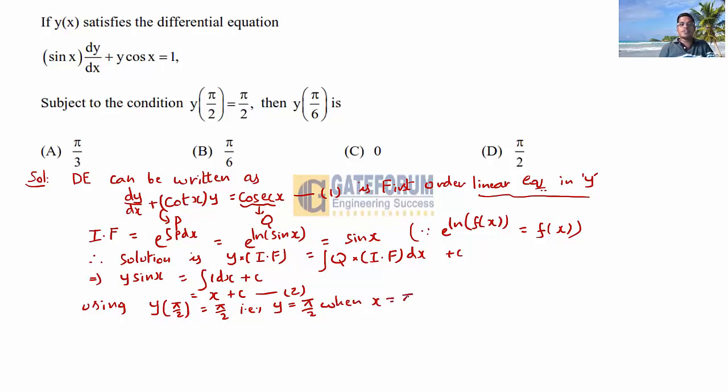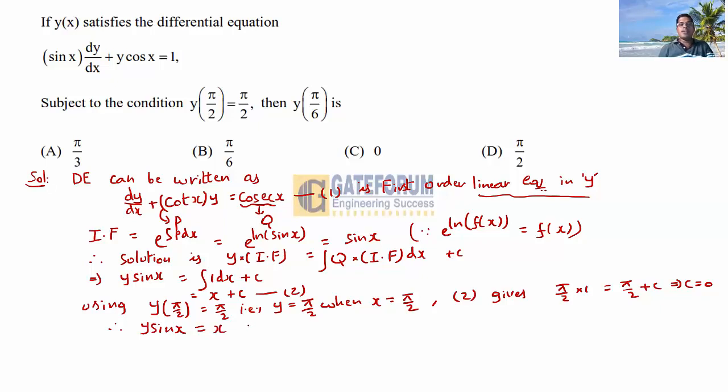Substituting this condition into equation 2 gives sin 90 is 1, so pi/2 into 1 is equal to pi/2 plus c. This simplifies to c equal to 0. Therefore, back to the solution, equation 2: y sin x is equal to x.